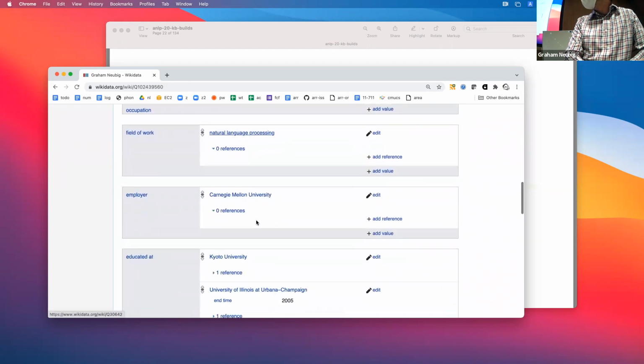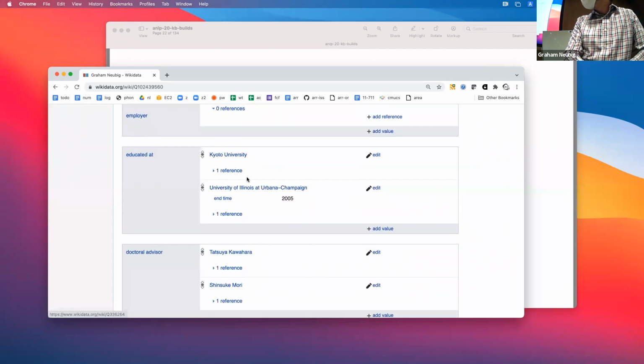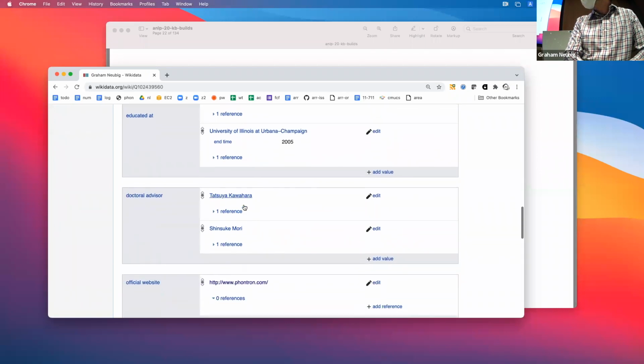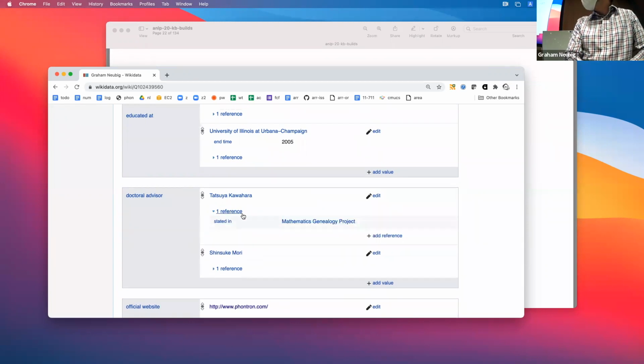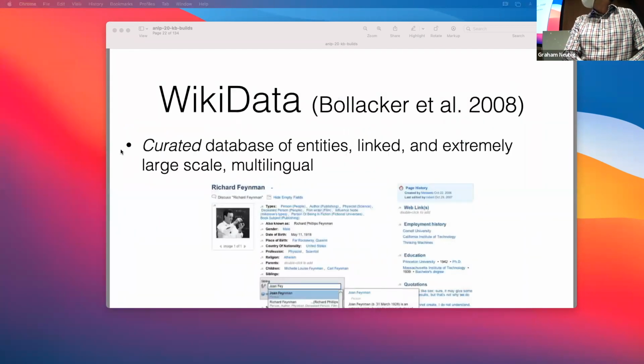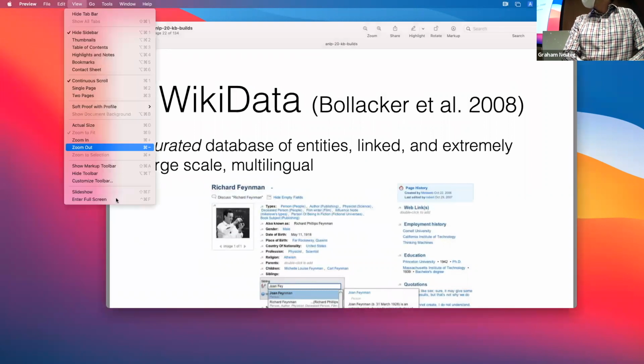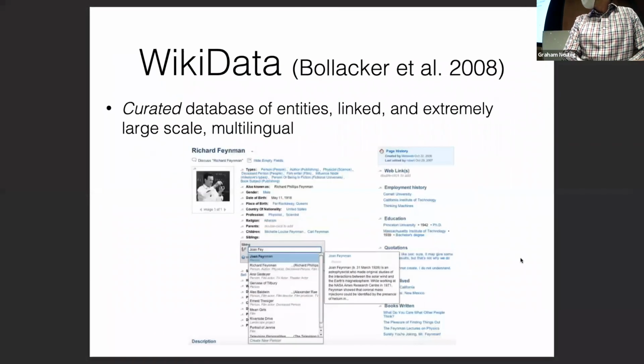I work on natural language processing. I graduated from Kyoto University and University of Illinois, Urbana-Champaign. My advisors were listed. And I actually don't know where it got all of this data. It does tell that it got this data from the Mathematics Genealogy Project, which is a kind of structured database. So it's basically pulling in information from a lot of different sources. So this is now kind of the standard go-to database.